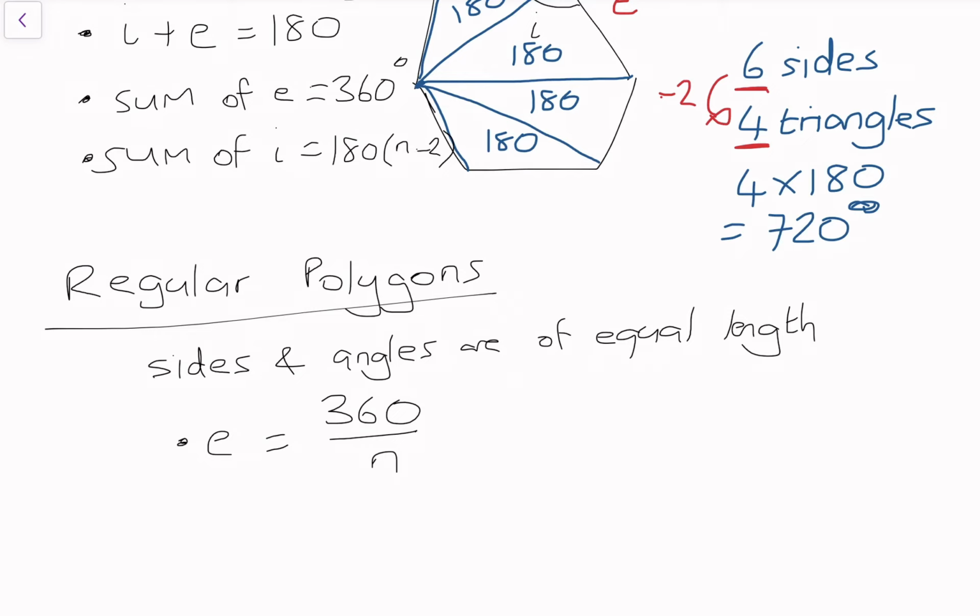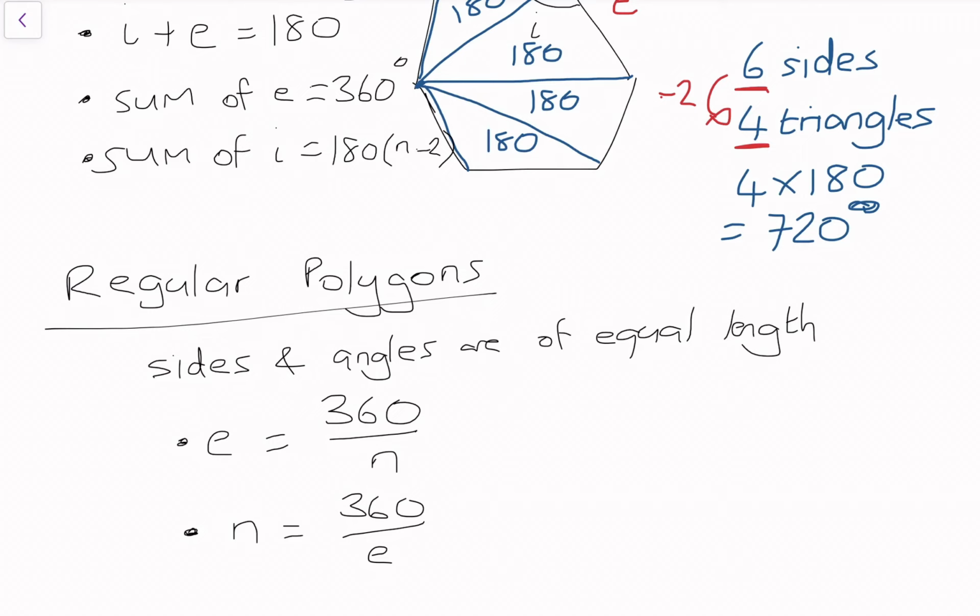That also means that the number of sides is equal to 360 divided by the exterior angle. Now, if you were then asked to get the interior angle, you would simply do 360 divided by the number of sides. That would get you the exterior angle, and then you would take that away from 180 in order to get the interior angle.